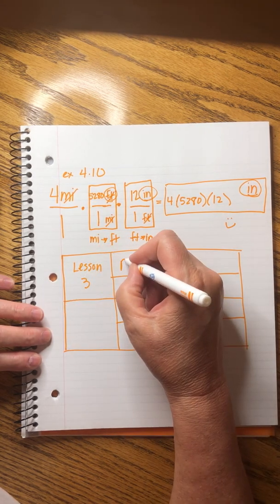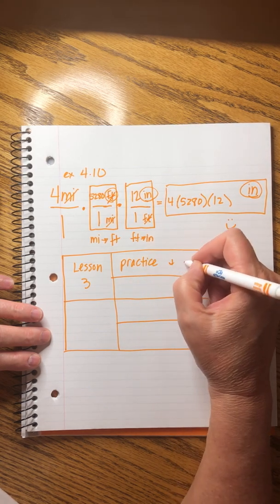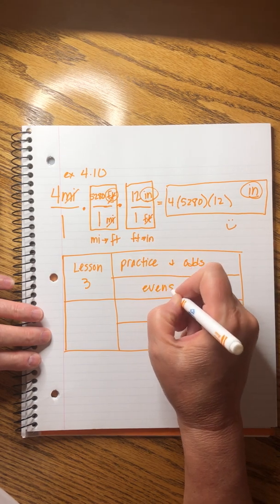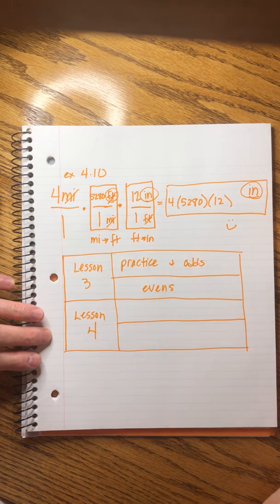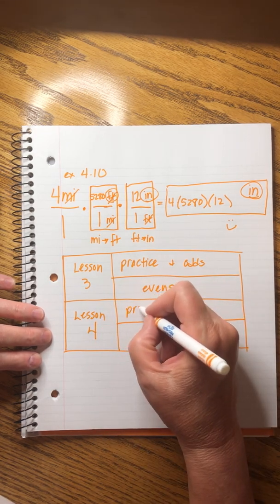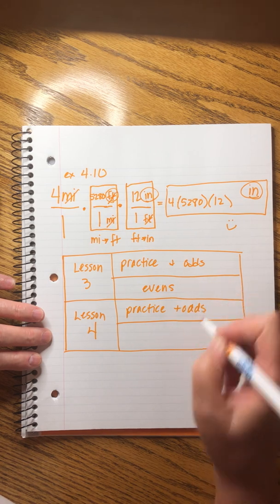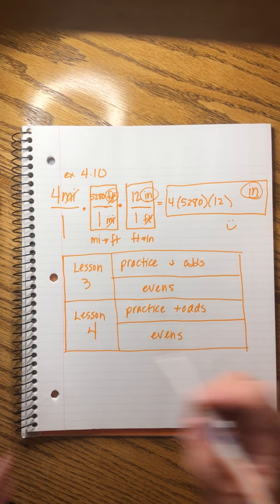You did the practice, and you did the odds, and then you did the evens. And I want you to follow that same pattern. For lesson 4, I want you to do the practice and the odds, and then I want you to do the evens, okay?